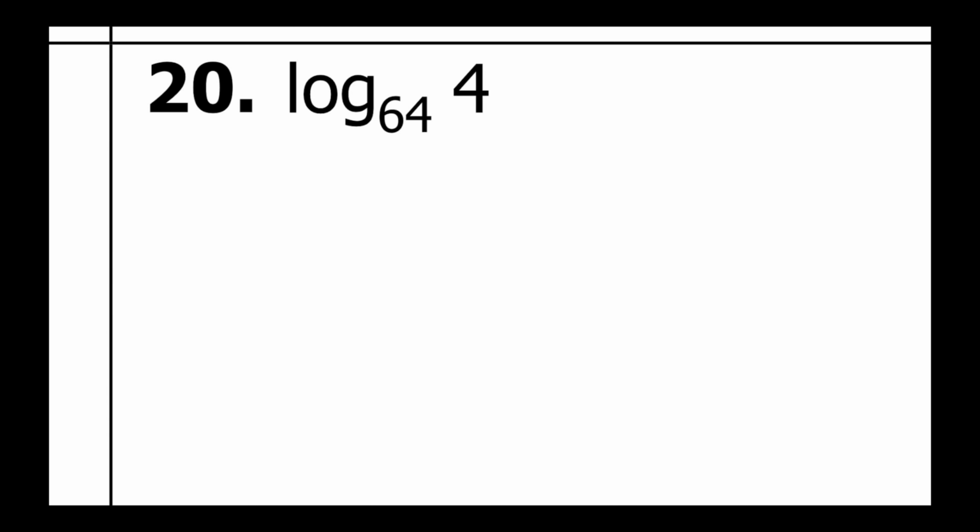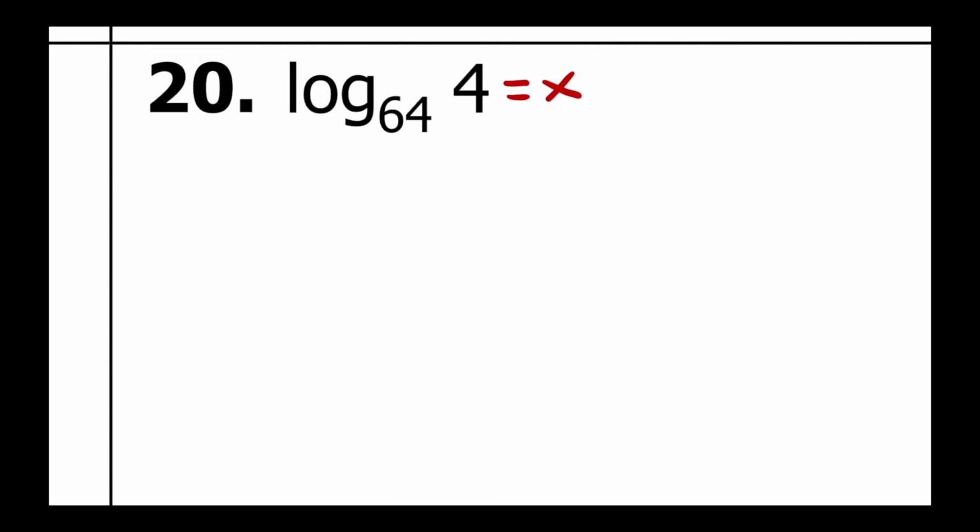So this is asking again, make sure you understand what this is asking. What exponent of 64 gives me 4? That kind of sounds weird. It must be a fraction, because 64 to the first power is 64, and that's already way bigger than 4. So how do we figure this out? Just like I told you, we don't know what this is, so we say this equals x, something we don't know.